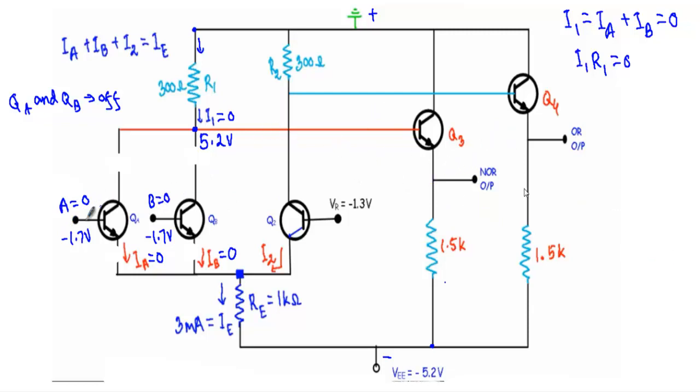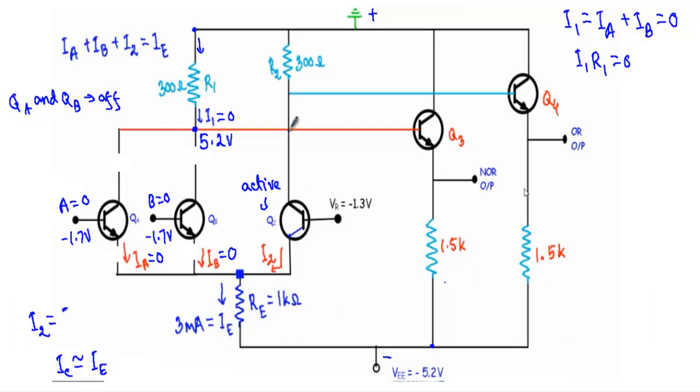As our transistors QA and QB are in off state, our transistor Q2 will be in active region. When the transistor Q2 will be in active region, I will get the collector current through the collector terminal of the transistor Q2, and here I will use the collector current I2 and the emitter current of the transistor Q2 synonymously, because in a bipolar junction transistor collector current IC should be nearly equal to our emitter current IE.